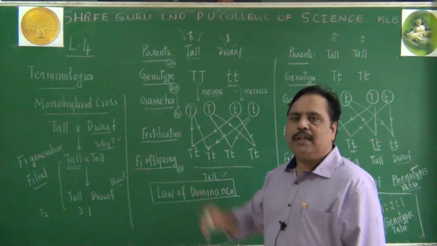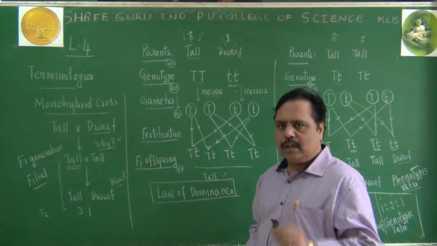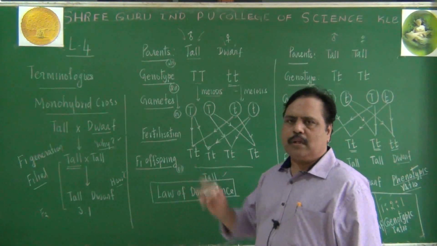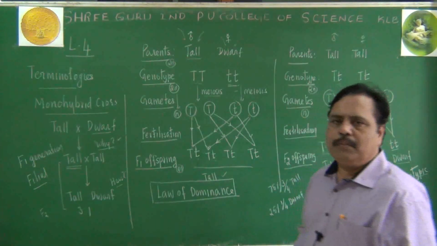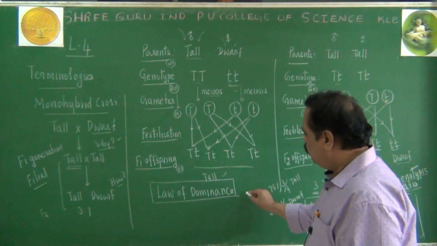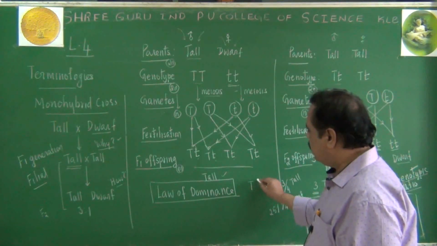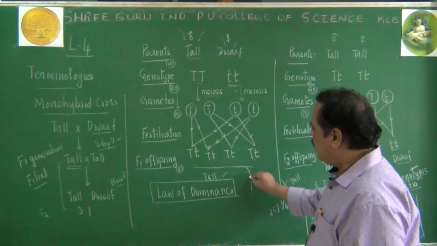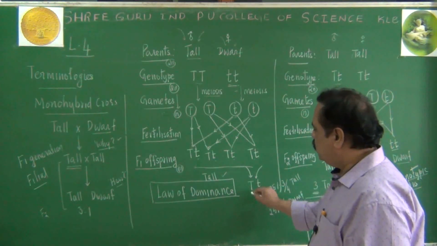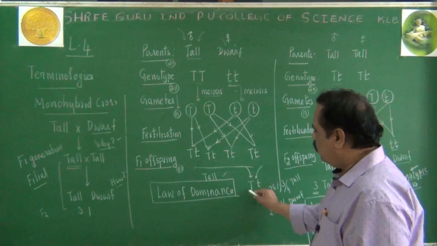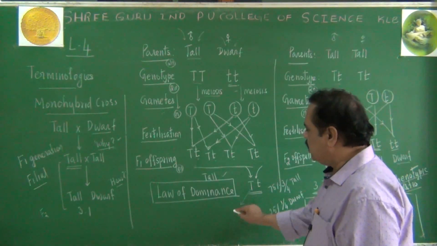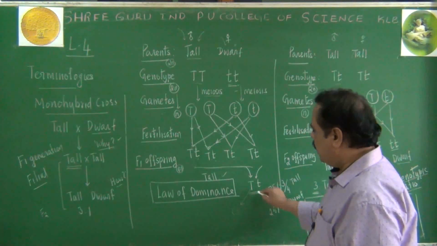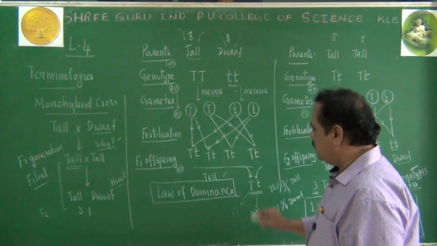What is law of dominance? Let me tell you that law. Very important, one more question. What does that law of dominance mean? When 2 different alleles of a particular character are brought together in a hybrid, only one of them will be expressed morphologically and another one will be suppressed.